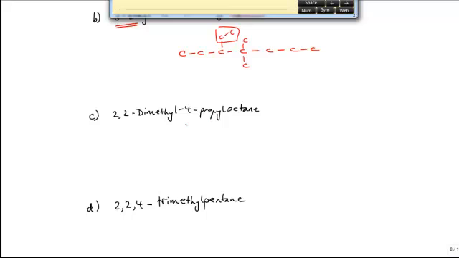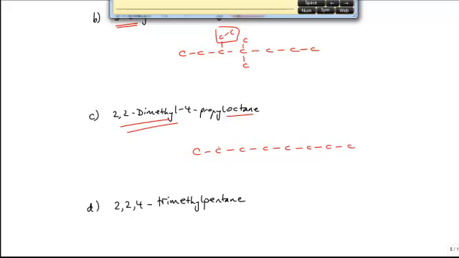Let's do two of them, okay? Since I've got it on this page. Draw me C. Go fairly fast. Octane, how many? Eight, okay? And what does this part tell me?